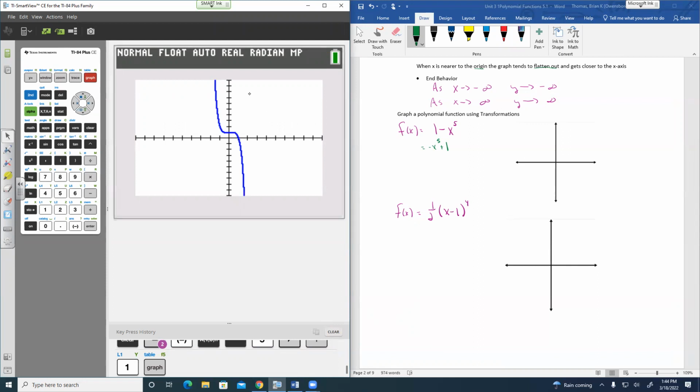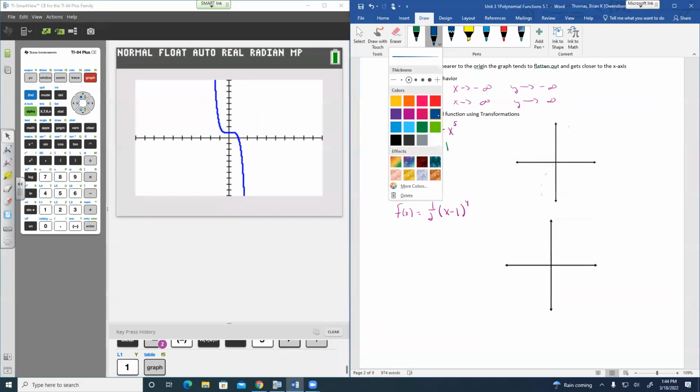So remember that my original function would have kind of snaked down this way. But that plus 1 made the graph go up 1 to here.